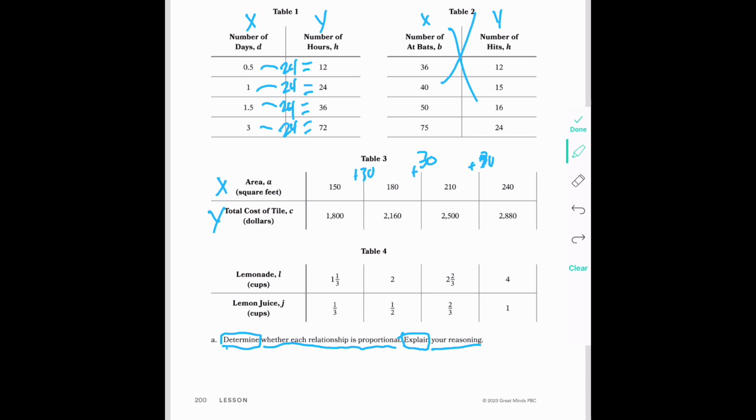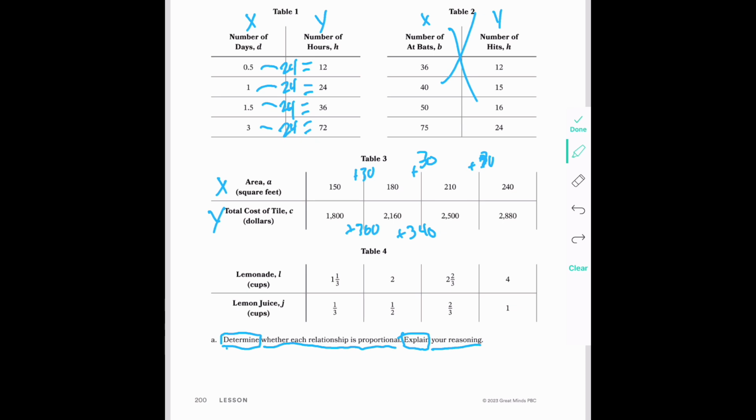To get from 1,800 to 2,160, you would have to add 360 to get there, and then to get from 2,160 to 2,500, you would have to add 340, which is not the same number, so it is not consistent.